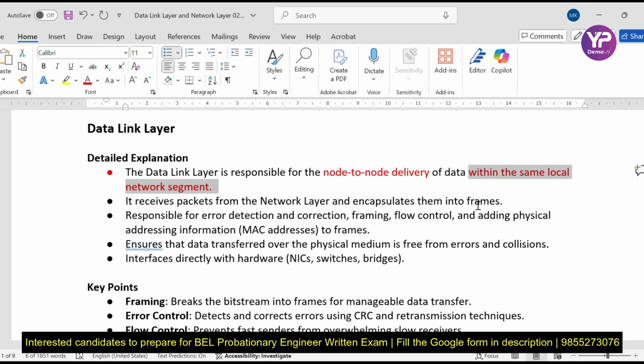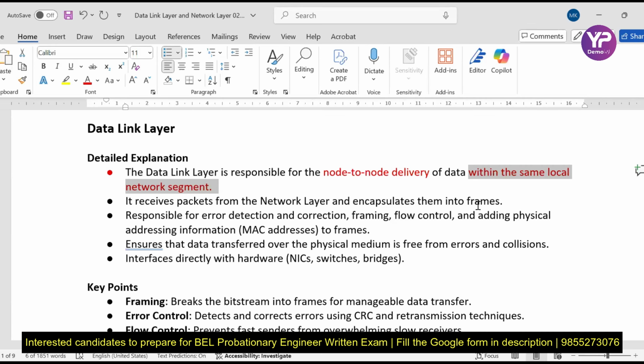It receives packets from the network layer and encapsulates them into frames. Encapsulate means cover them. Now again my original data size is so big that I need to divide my data into small parts, that is called a frame in the data link layer. Fine.